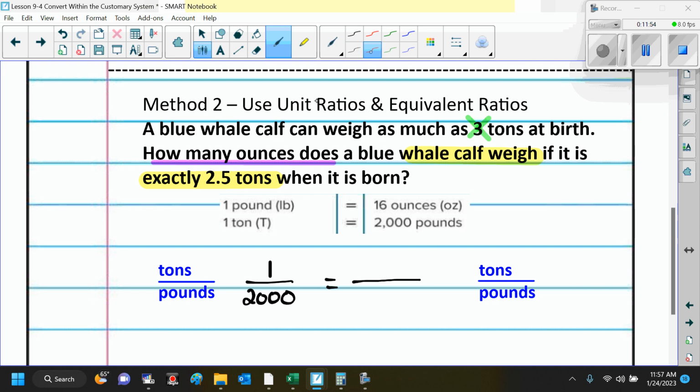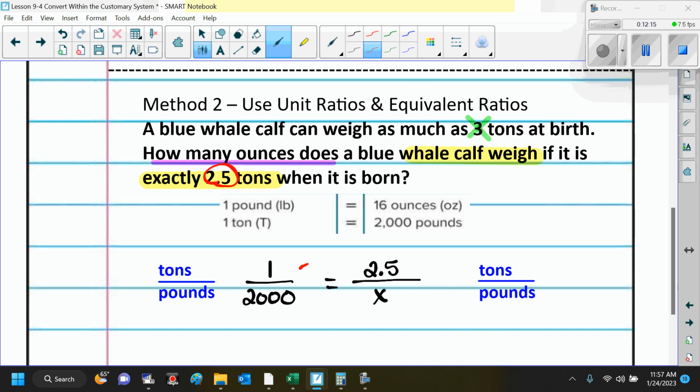So where does 2.5 tons go in my ratio? In the numerator or the denominator? Numerator. Very good. So we're going to put 2.5 here, and we're going to solve for x.